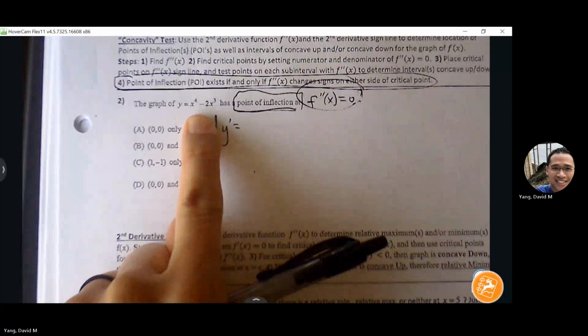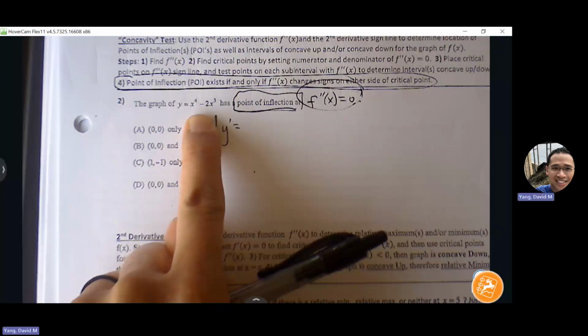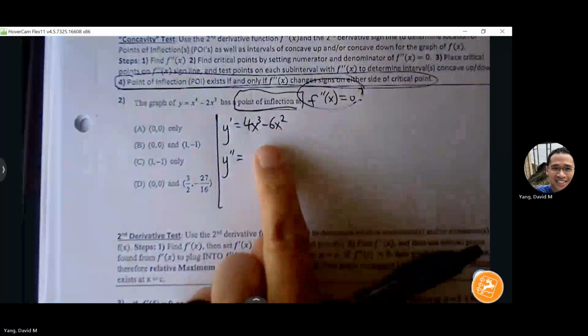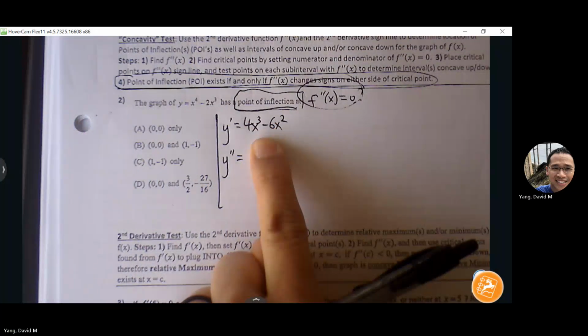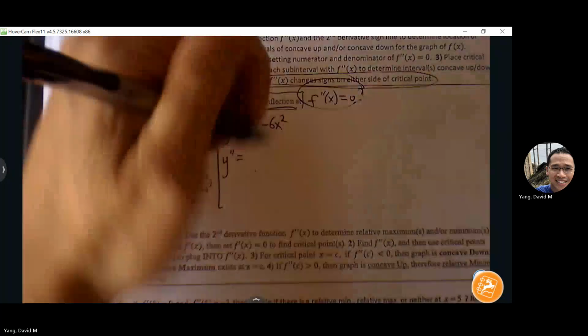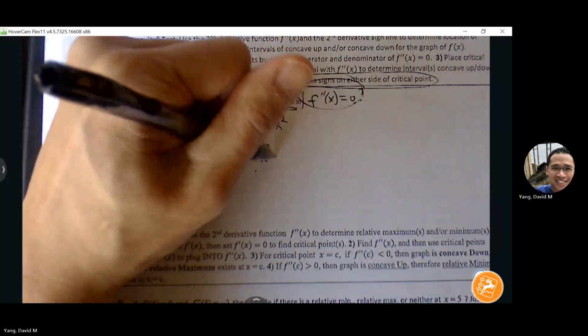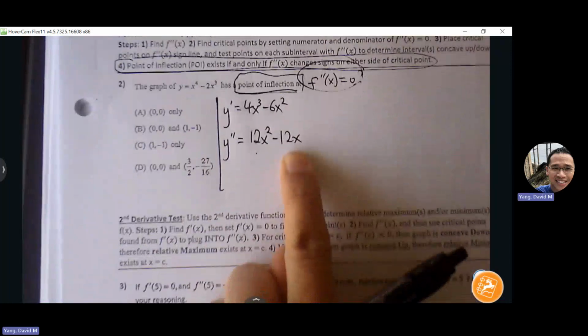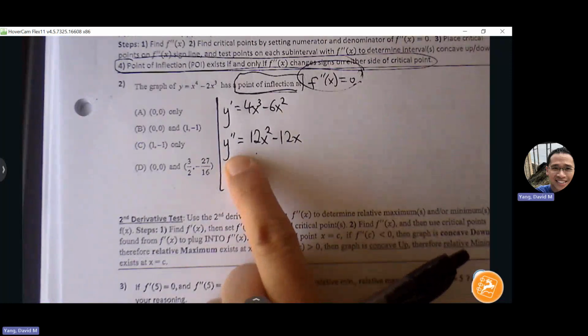What's y prime first of all? Y double prime is equal to minus 12x. We set f double prime equal to 0.